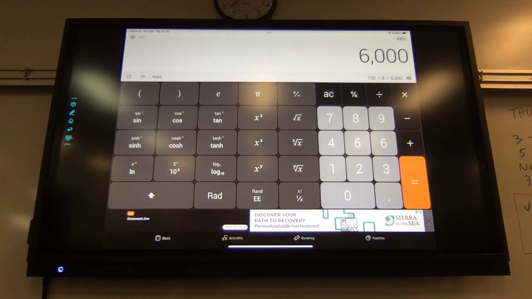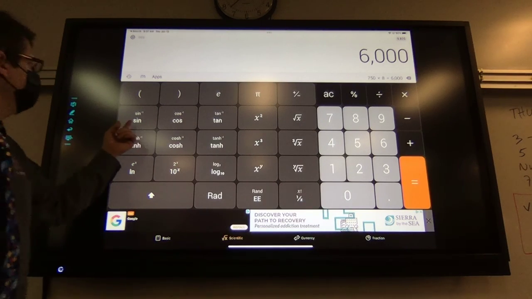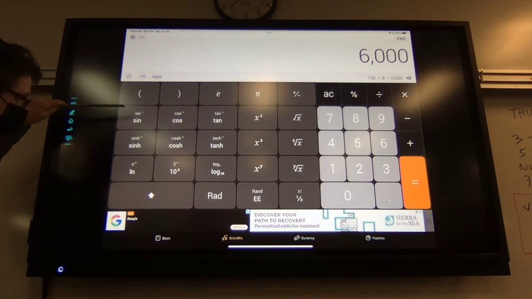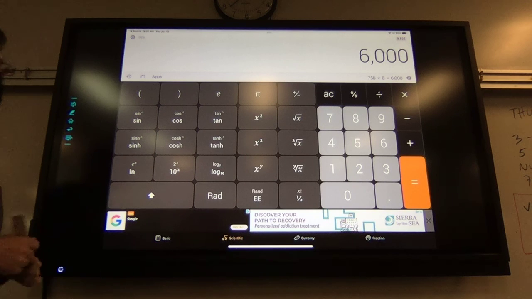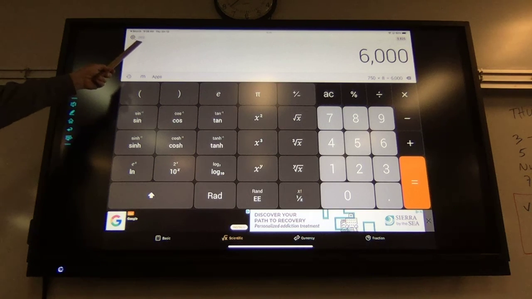So I'm looking for the shift key. So you see the sine and the sine -1. This is the shift key, and I think it's right there. So what was it? 7 divided by 15? And it says degrees right up there, so that's good.